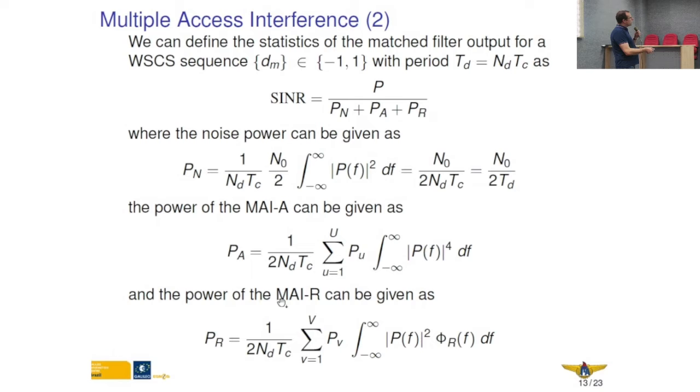The power of the inter-system multiple access interference is then the cross power spectral density between the absolute value of P(f), the chip pulse shape, and the power spectral density of the other signal from the other GNSS.